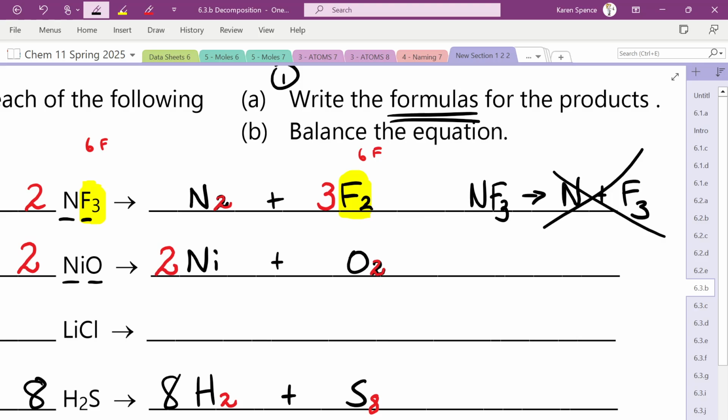Now we have 6, 7, 20. So 20 minus 2 is 18. So I need the other.